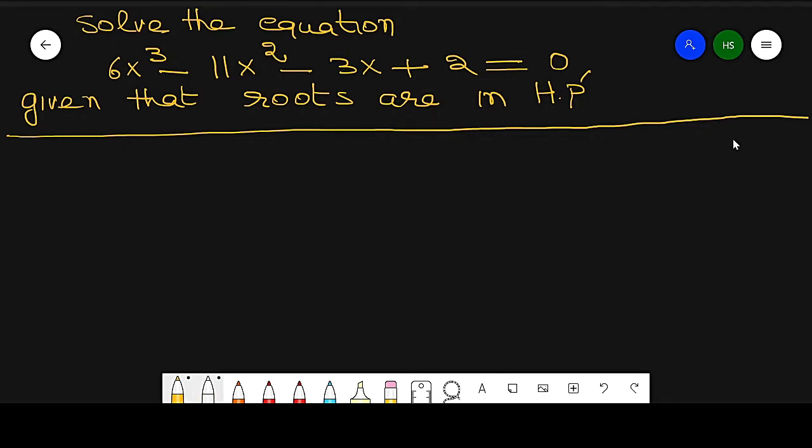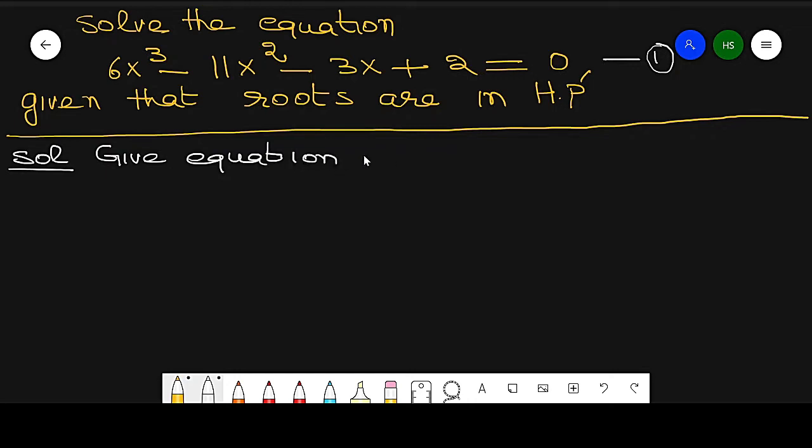So we will transform this equation into one whose roots are reciprocal to the previous one. Now, solution: to solve this equation, first step, the given equation.